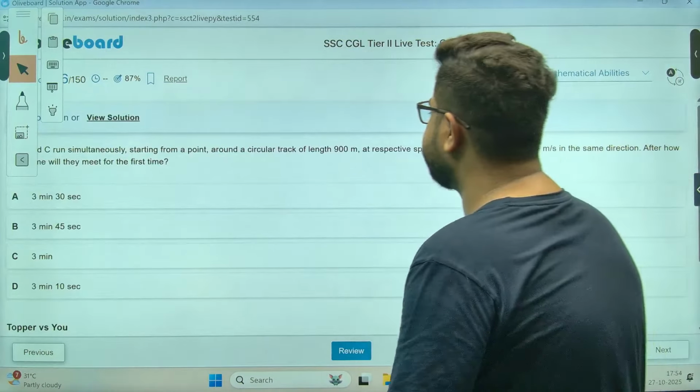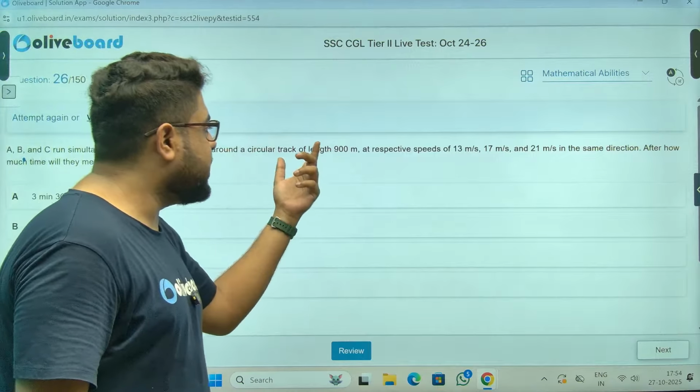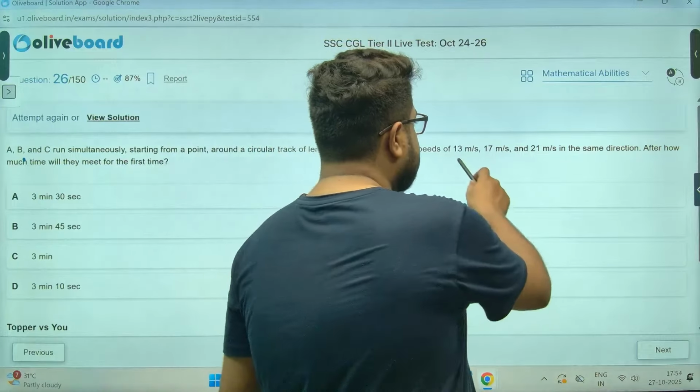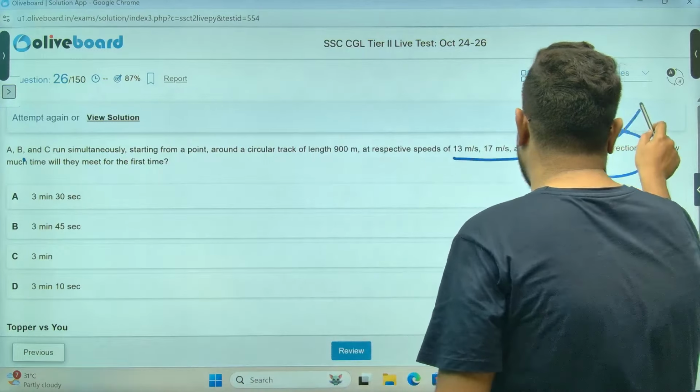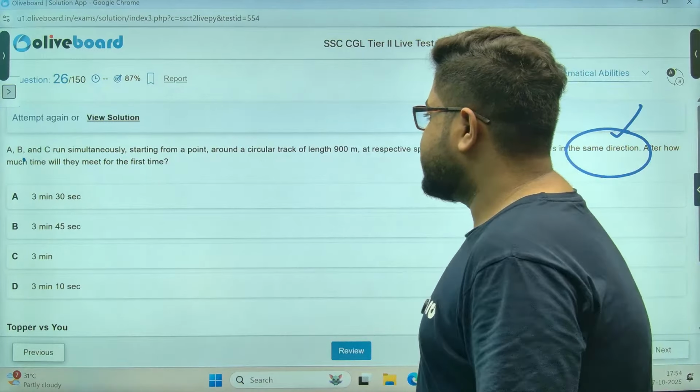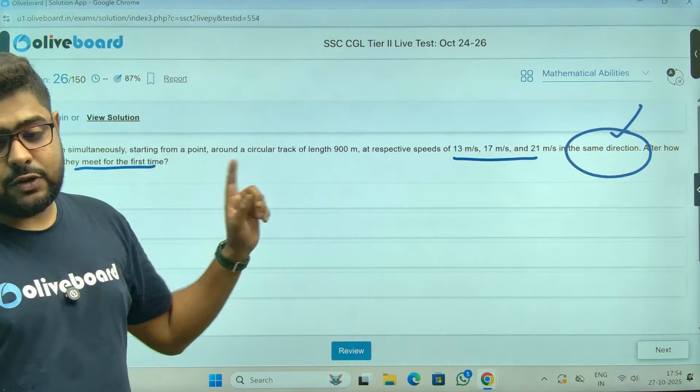Moving on. Circular track. A, B, C run around a circular track of this length. These are the speeds, same direction. Achha, they meet for the first time. If they are not asking that they will meet at the starting point, the direction will matter.